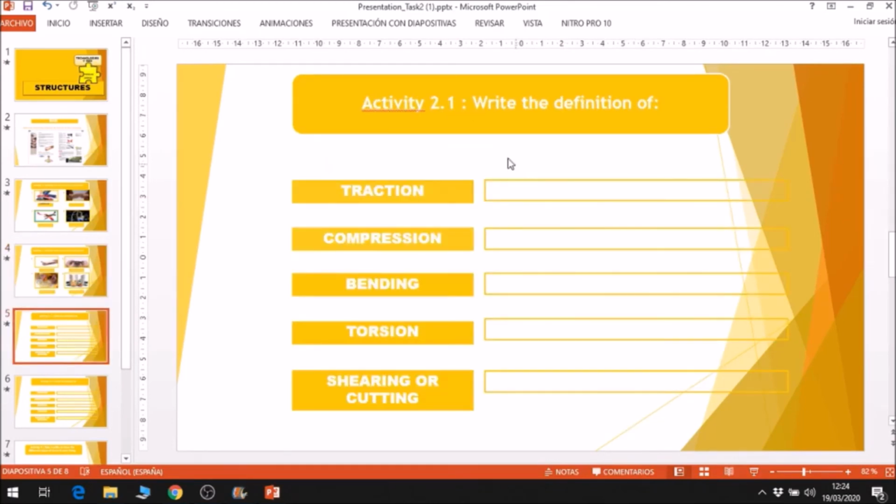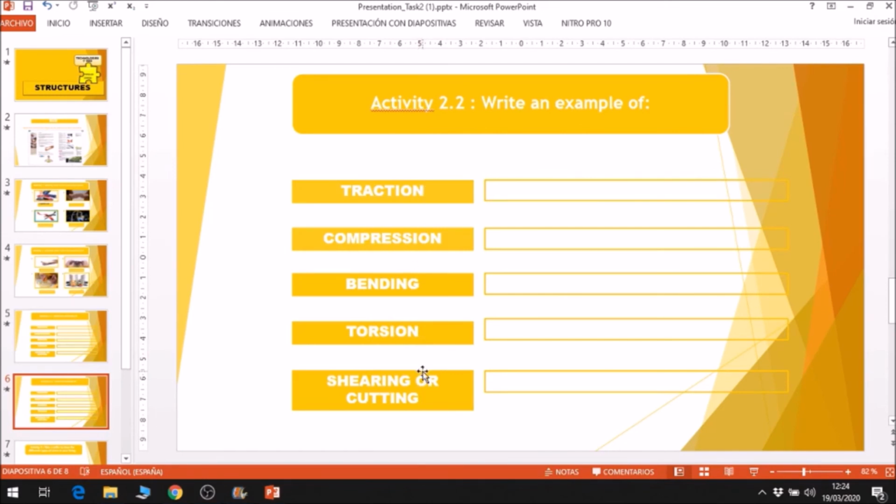Second activity, write the definition of traction, compression, bending, torsion, shearing, or cutting. Okay, look at the book. Traction, forces that try to stretch the object. Okay, continue, write it.